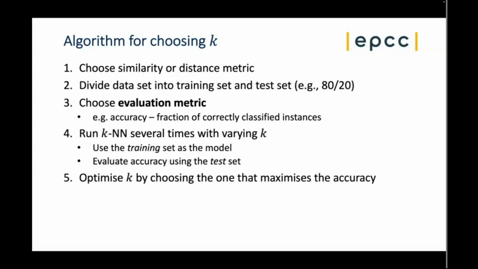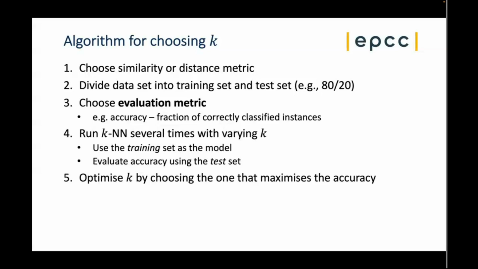Next, we choose an evaluation metric. Now, remember I said earlier on, there's different definitions of what makes a fit good, what makes a model good. In this case, you might choose accuracy as the fraction of correctly classified instances. That's probably a reasonable one to use.